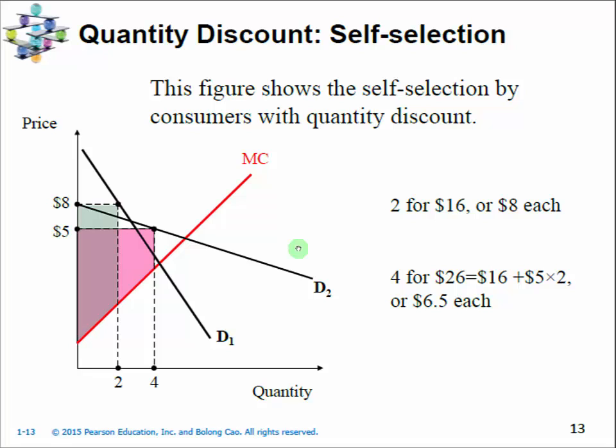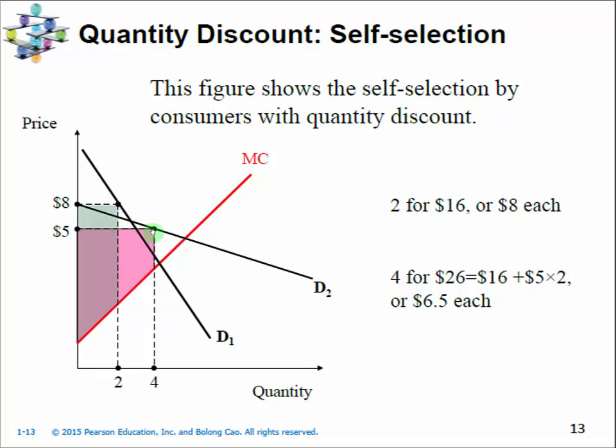So in this case, the firm with market power completely extracted the total willingness to pay from this second customer. And that's exactly what firms with market power would like to do: extract consumer surplus and convert it into their profit, or producer surplus.